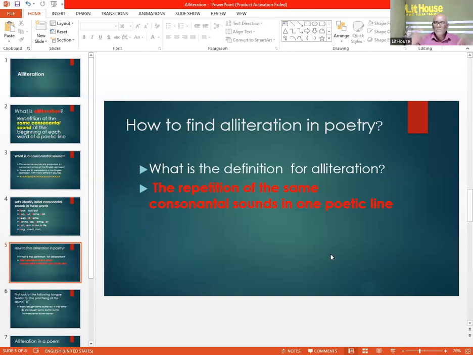Naturally, those sound devices occur in their imagination. Right? Now, you can still remember the definition. What is the definition for alliteration? The repetition of the same consonantal sounds in one poetic line.